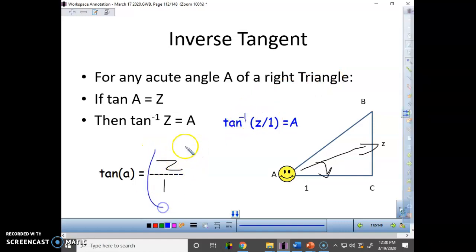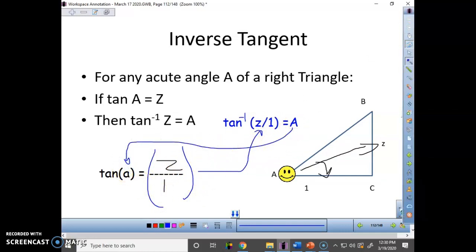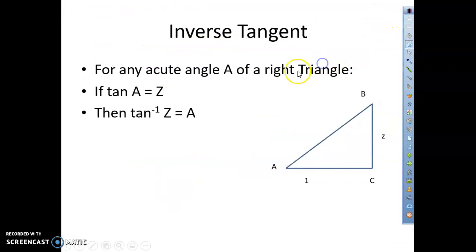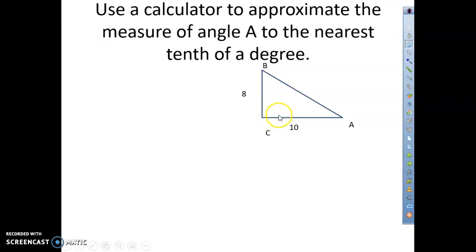So the ratio moves to the inside of the machine, and the A is the answer. It's solving for an angle. We use these to solve for angles. And there's a sine and a cosine and all that good stuff.